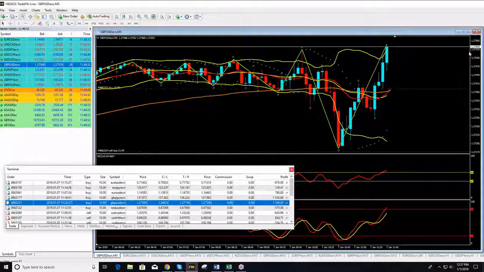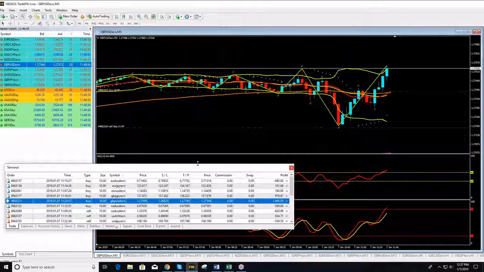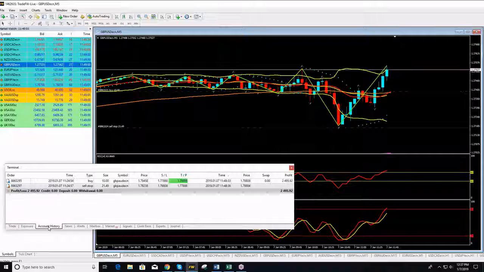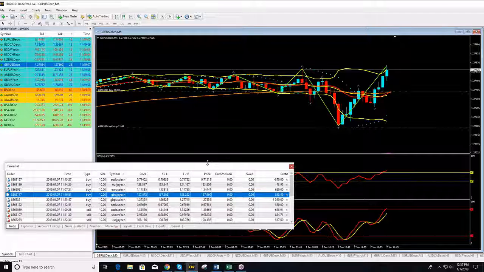Let's go to pound dollar. Pound dollar is rising nicely, making us some nice money. Pound yen is also making us money. So for the moment, we have closed our first position for the day, $2,495. And it seems that the pounds will be very promising today for further upside movement.